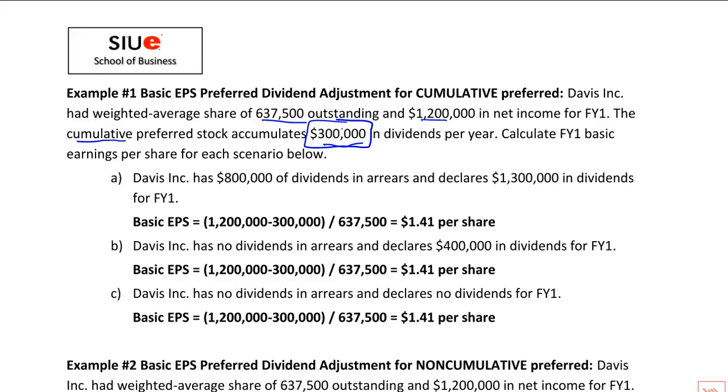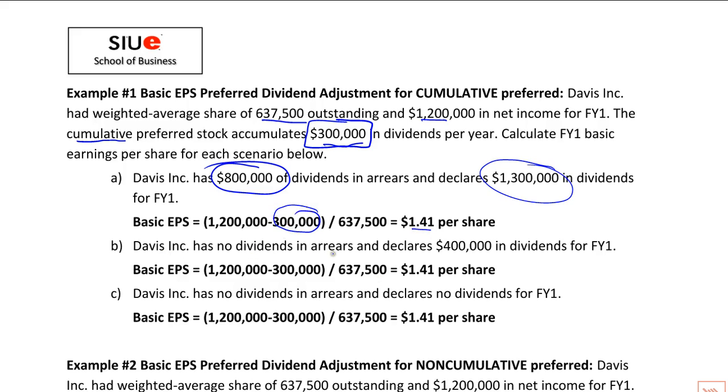The basic EPS is going to be the same. So case one, I try to bait you by saying Davis has 800,000 dividends in arrears, and then they declare 1.3. So how much are they actually going to get? Is the cumulative preferred stockholder going to get 800,000 plus 3? They're going to get 1.1 million. But for EPS, all we're going to do is subtract out current year's accumulation, and basic EPS is $1.41.